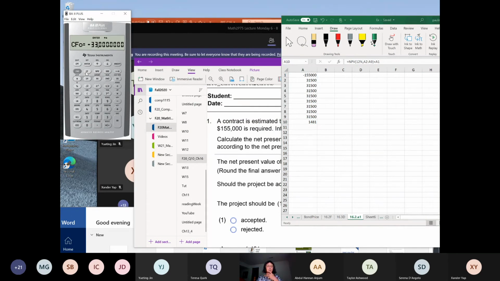After you click CF, please click second, clear workbook. Second, clear workbook. And then enter 155,000 negative number, enter. Down arrow key, 31,500, enter. Down arrow key. This number happened 8 times, so frequency is 8, enter.